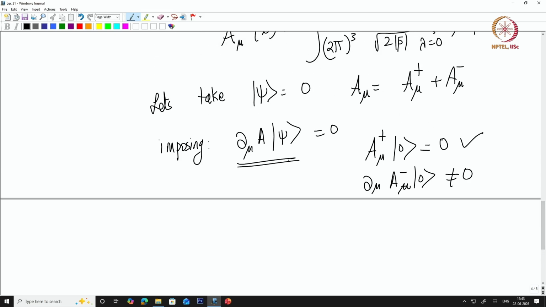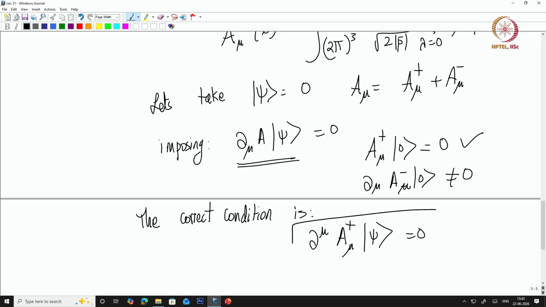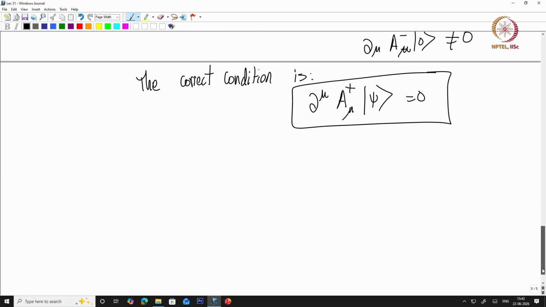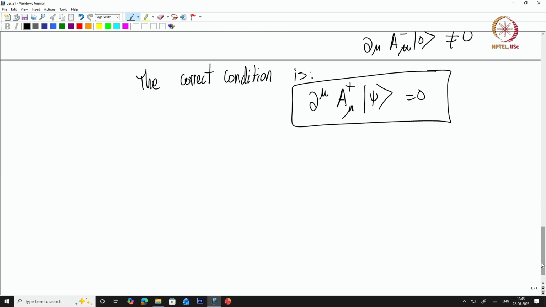The correct condition is del mu only the annihilation operator acting on the states should go to 0. This will pick up all the negative norm states and throw them out essentially. So, they are not physical.